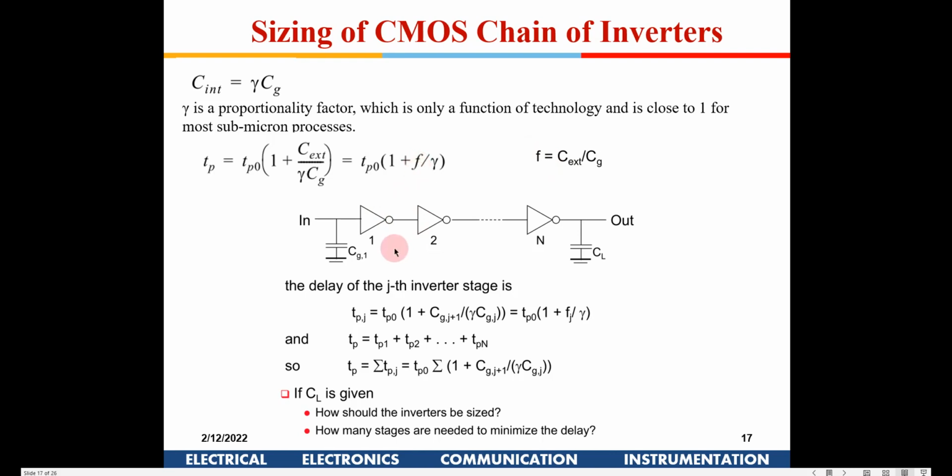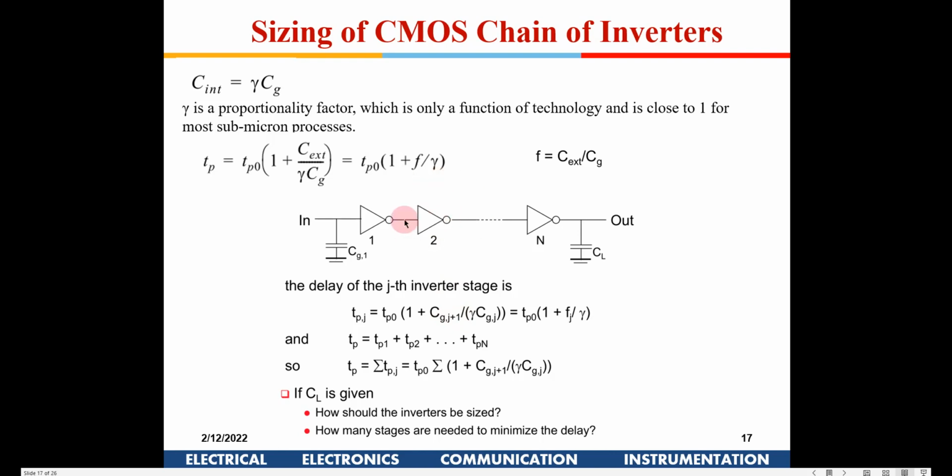Now if I have n stages, at any stage, what will be the delay of this particular stage? It will be TPO times 1 plus the output capacitance divided by the input capacitance, that is CG j plus 1 by CG j, because that is the gate capacitance of the next stage.